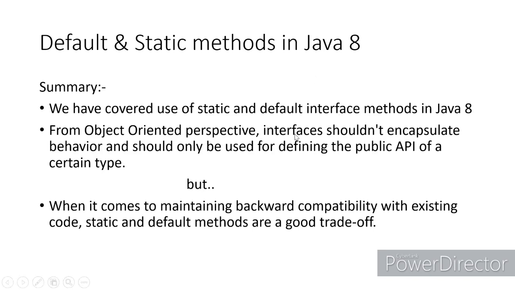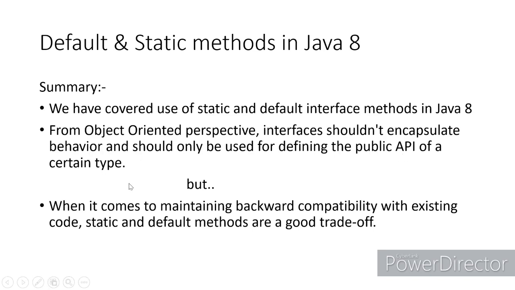But the question is, in the first place, why should an interface have behavior defined inside it, even for default methods? So when it came earlier, people thought about it from a design point of view, that why should you encapsulate behavior, and that it should only be used for defining the public API of a certain type.